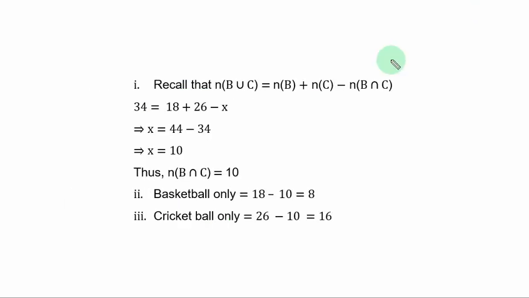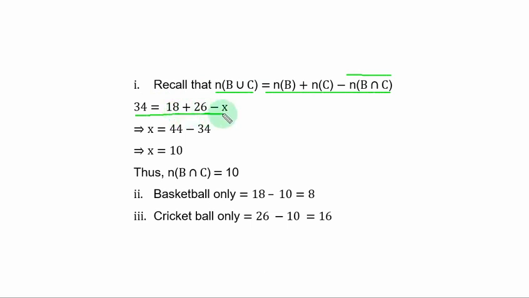For two subsets, the number of elements in their union is expressed in this form. We are to get this part, the number of students that played both games. The union is 34, equal to 18 plus 26 minus S.